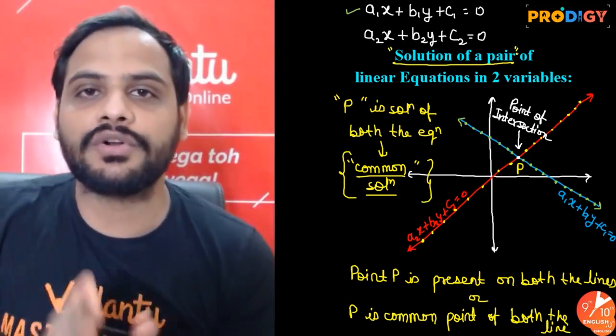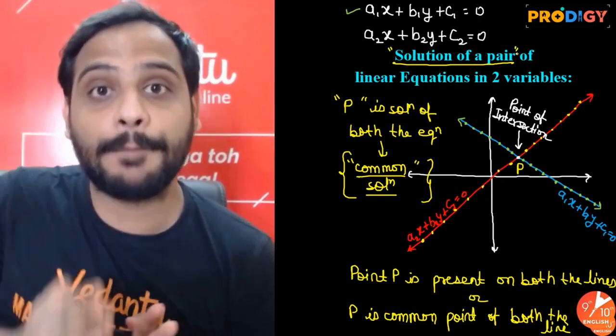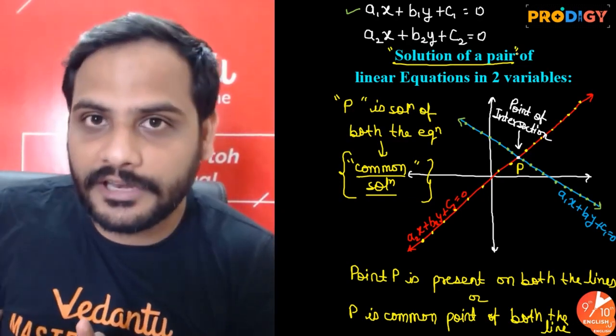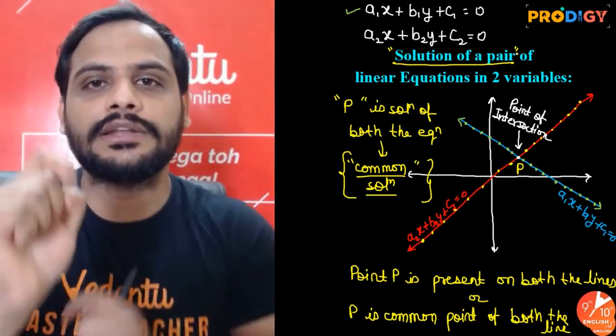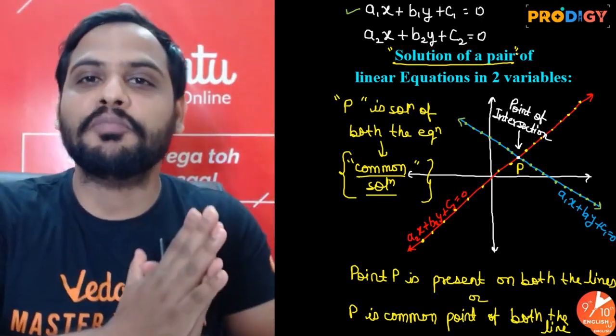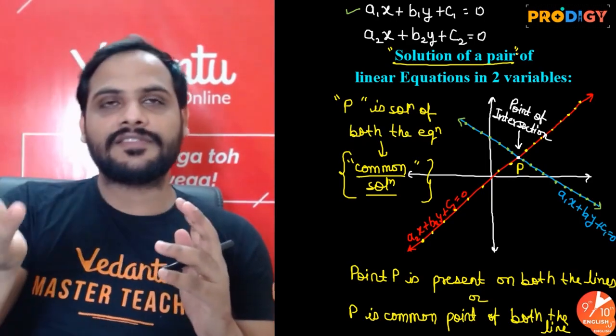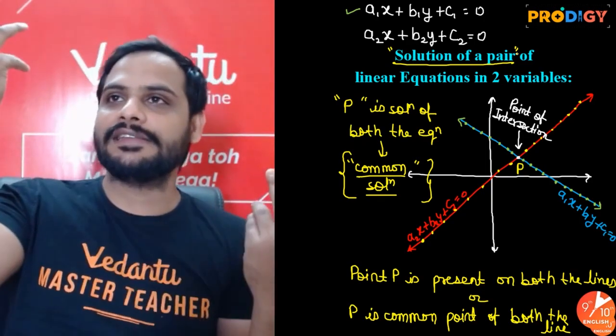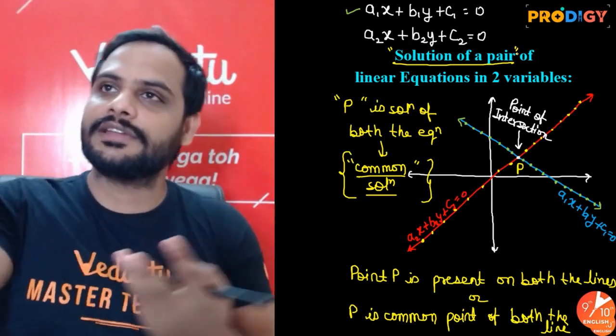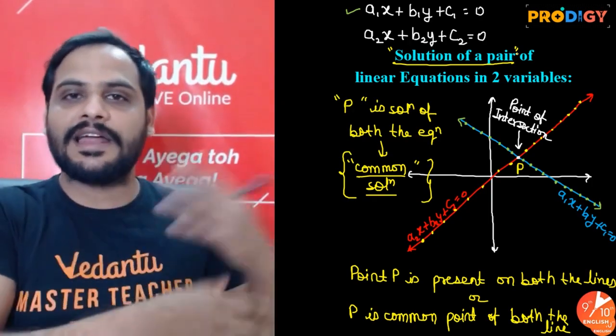When I talk about the solution of a pair of linear equations in two variables, I focus on the common solution to both the equations. Many students have this doubt: in Grade 9 they were told every linear equation in two variables has infinite solutions. This time I will say, no, there are many cases.